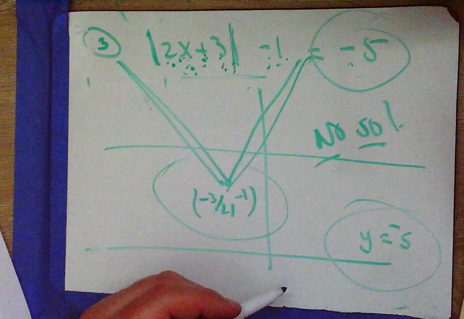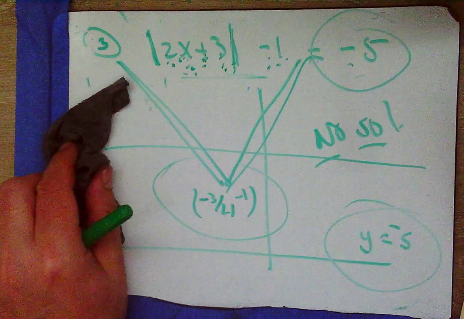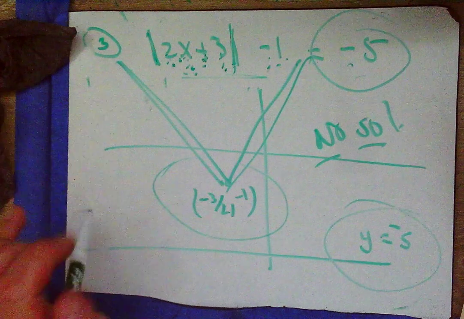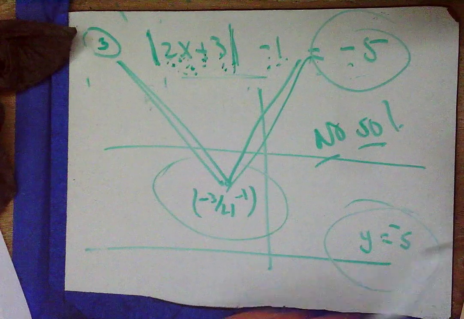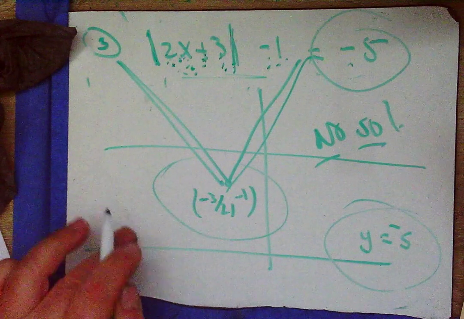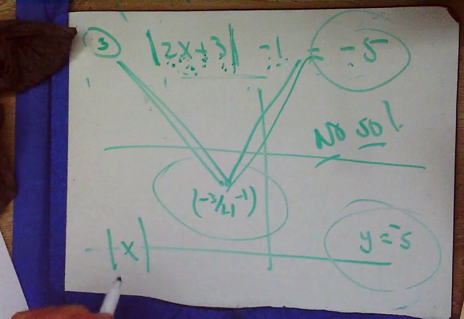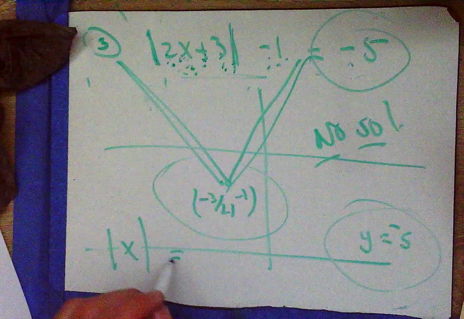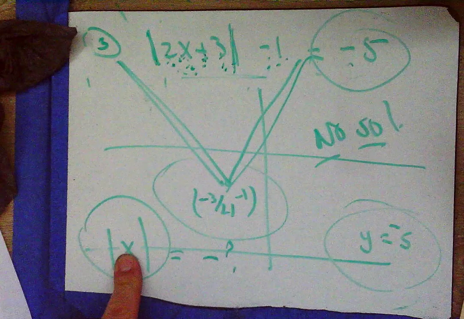Oh my god, maybe I should just check all absolute value problems. Well, you could, except here's what I'm going to say. Absolute value can't equal a negative, right? I mean, think about that. I've got an absolute value of x. Is the result of plugging in any x value in here going to be a negative number? No, because this turns everything positive.